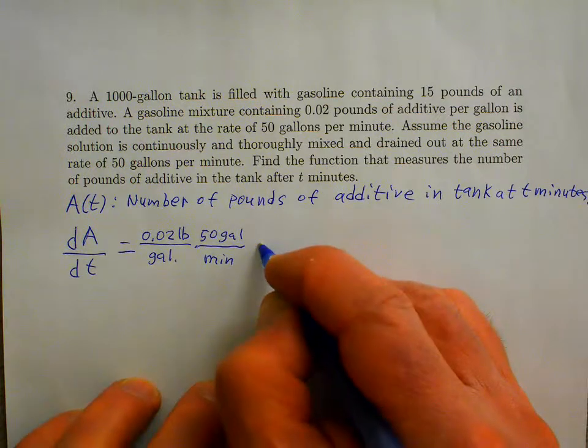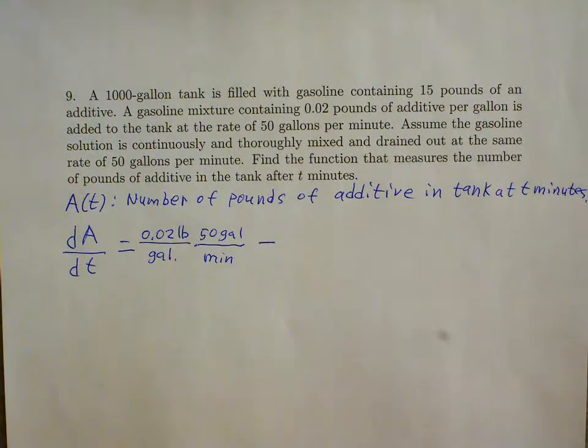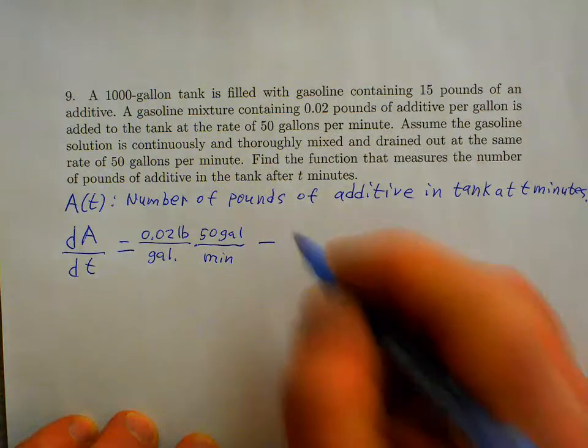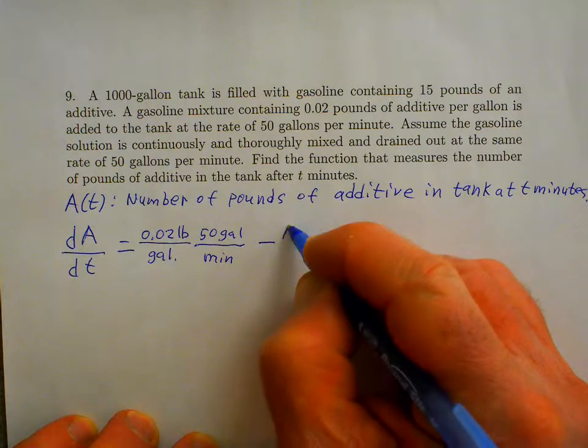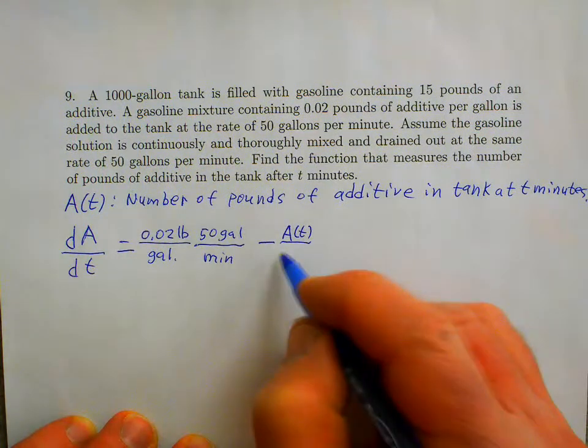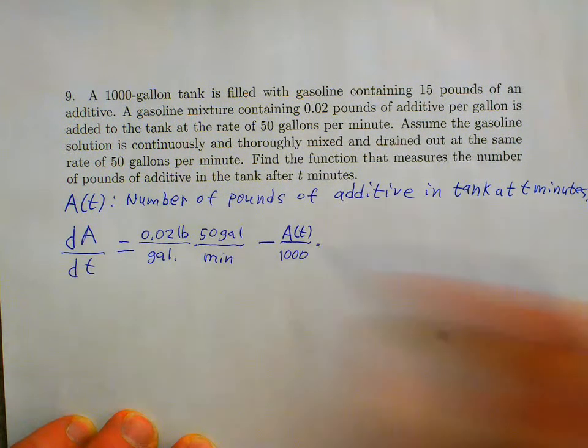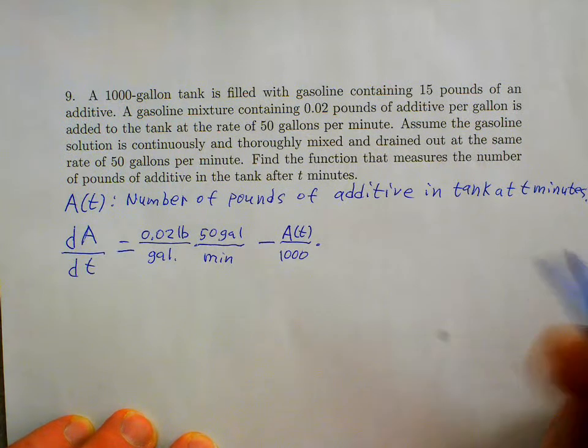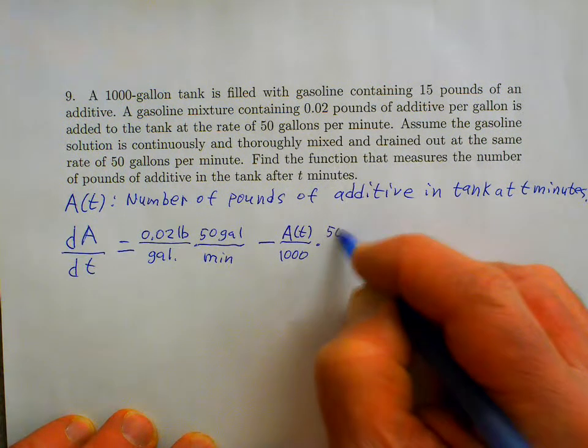But then out of the tank is being drained a thoroughly mixed solution. So what do we subtract? Well, it's whatever the amount of additive is divided by the total number of gallons, 1,000, times the rate at which it's being drained, which is also 50 gallons per minute.